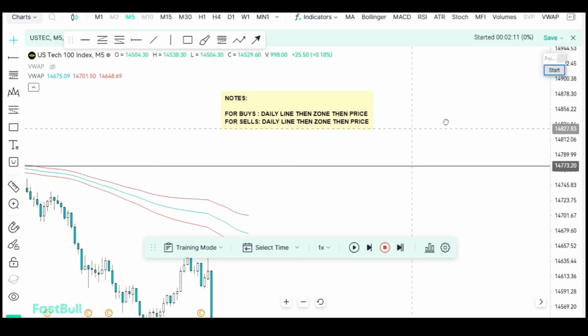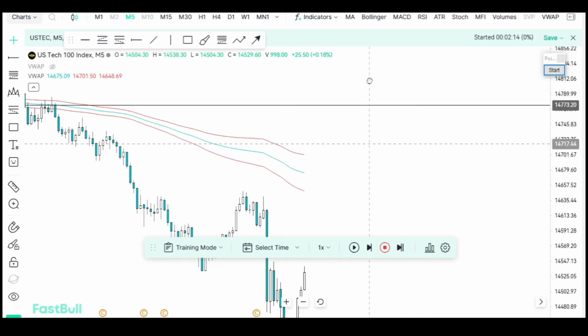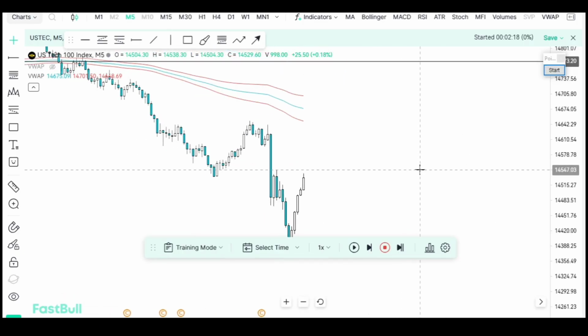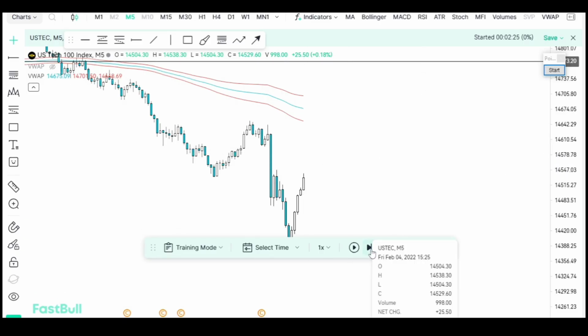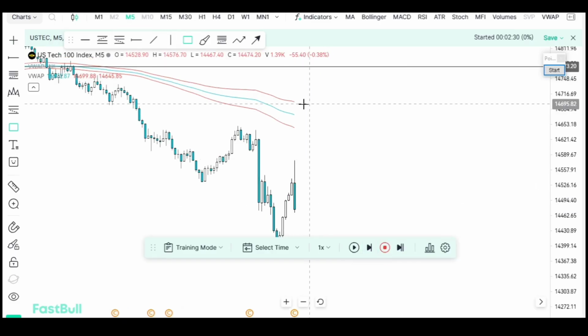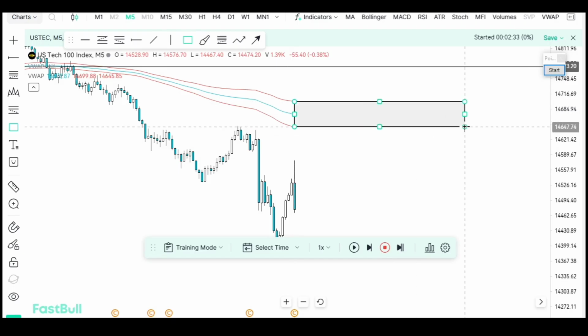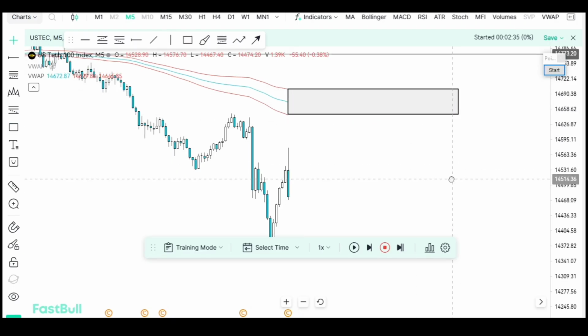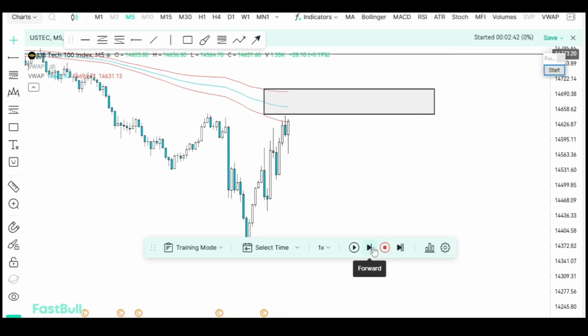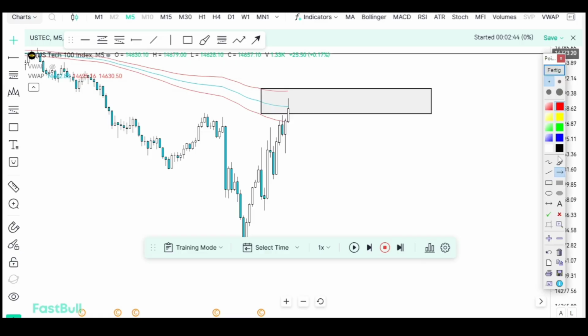Back to our example. Now we wait for price to pull back into our zone. It touches the VWAP line.